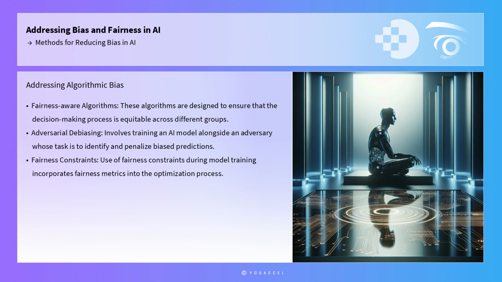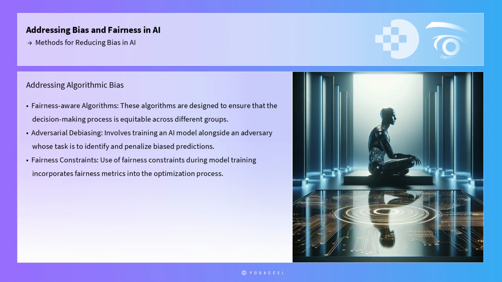Algorithmic bias can also be addressed through the implementation of fairness-aware algorithms. These algorithms are designed to ensure that the decision-making process is equitable across different groups. One such approach is the use of adversarial debiasing, which involves training an AI model alongside an adversary whose task is to identify and penalize biased predictions.